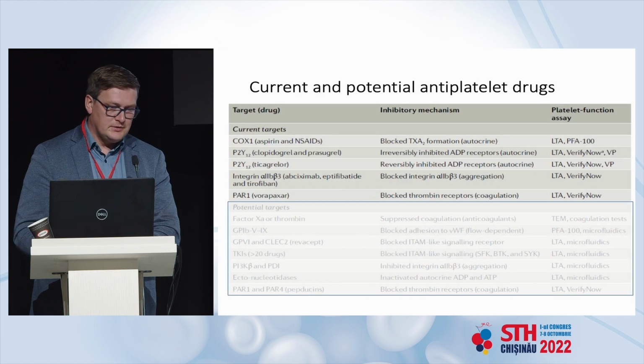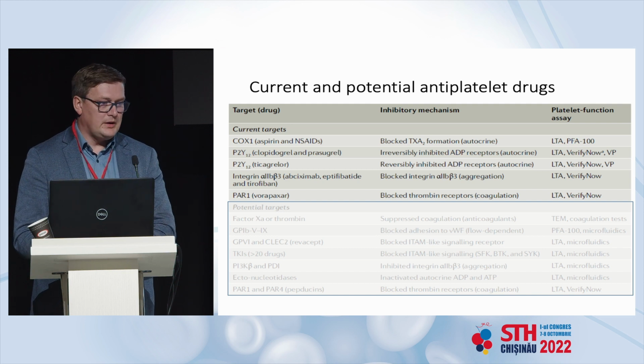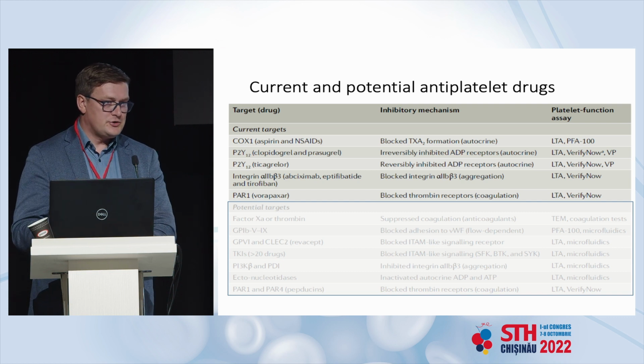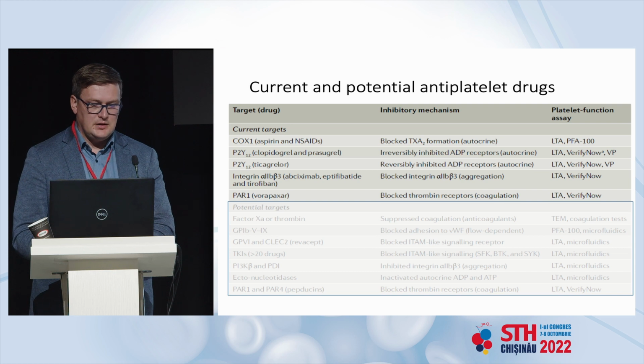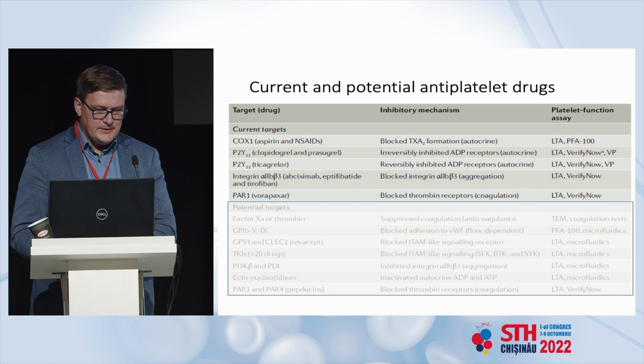The list of methods or assays here is not the final one, it's just an example that light transmission aggregometry, verified now, approved by the FDA in the USA, probably might be the first choice. There are other methods like whole blood aggregation and others.